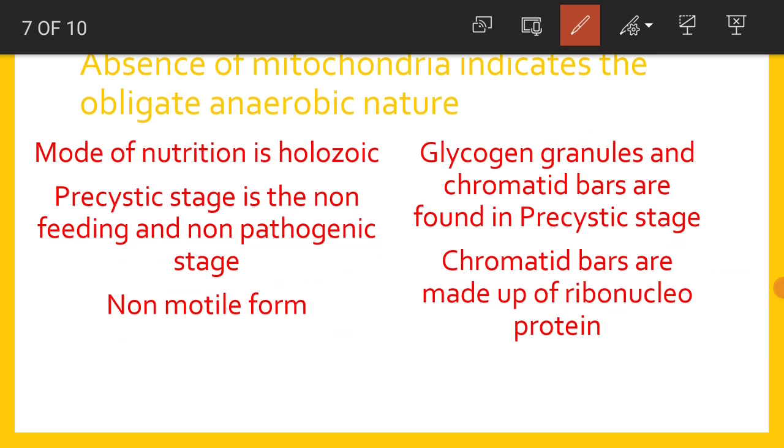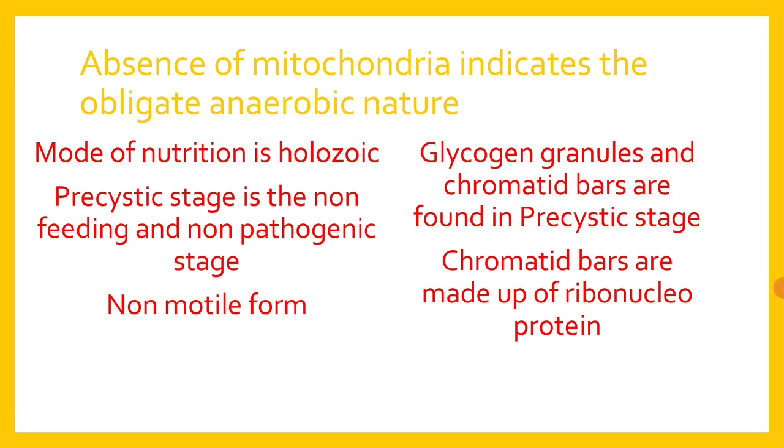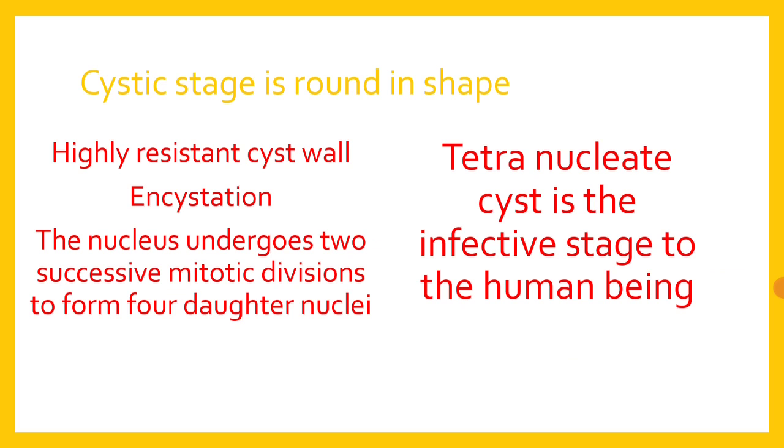After some time, these precystic stages are converted into the cystic stage. The cystic stage is round in shape and forms cysts; this process of cyst formation is called encystation, and this cyst is highly resistant to environmental factors.